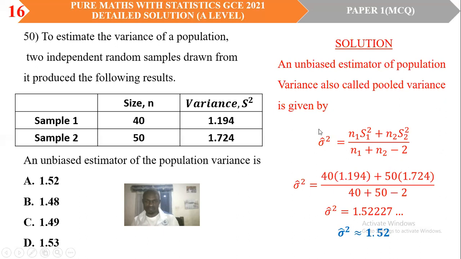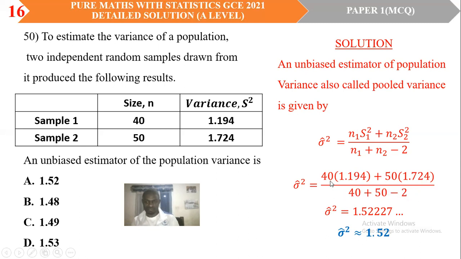Now substituting and using the table to substitute these values, we have 40 into 1.194 plus N2, which is 50 into 1.724, all over 40 plus 50 minus 2.